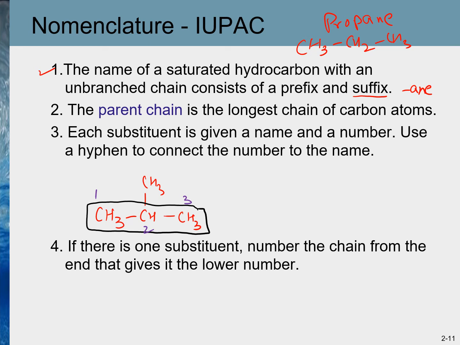The substituent and the parent chain are both given names. The parent chain is 3 carbon long, and we already established that the name for a 3 carbon long alkane is propane. So this part is propane. We can also show the line formula.